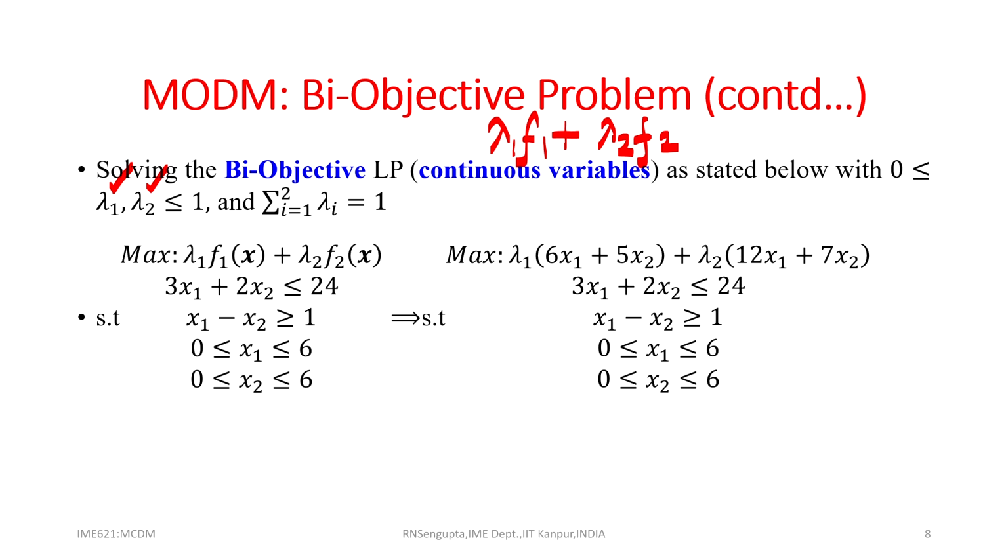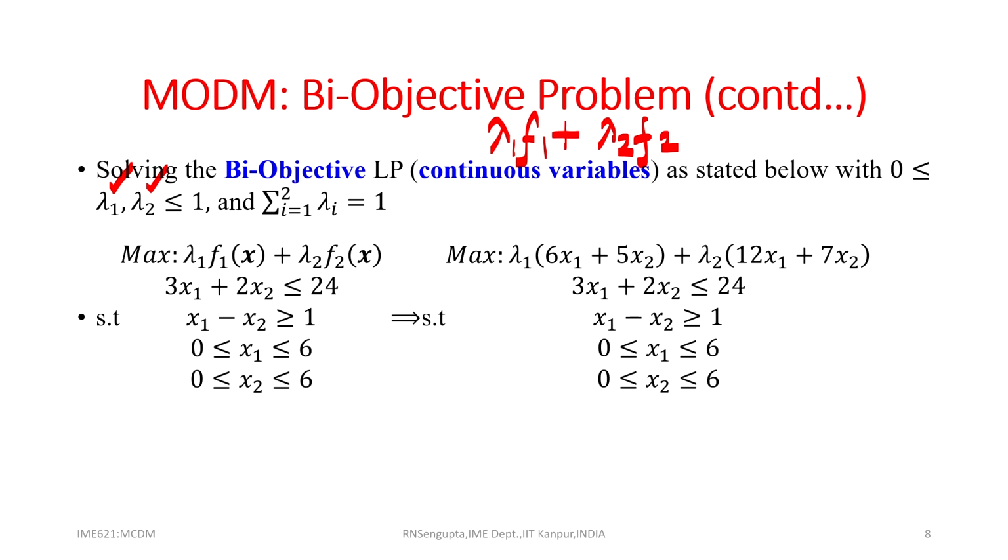In case f1 weightage is 0.25, f2 weightage is obviously 0.75, which means the weight ratio is 0.75 by 0.25, which is 3:1. That means I would be giving thrice the weightage to the function for which it is getting 0.75 as lambda value.